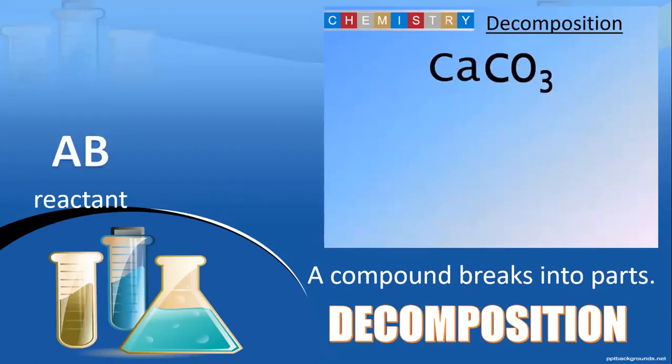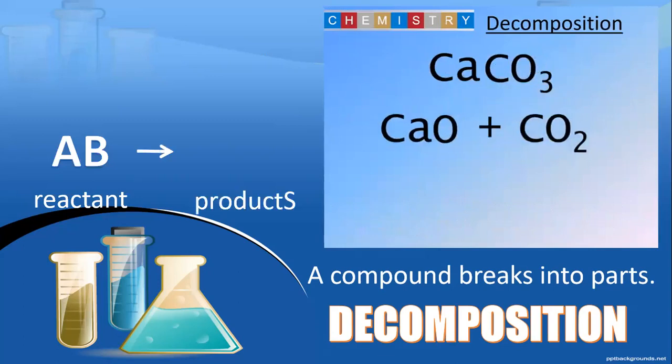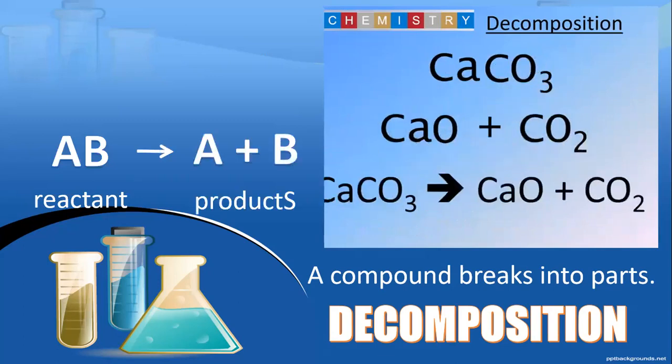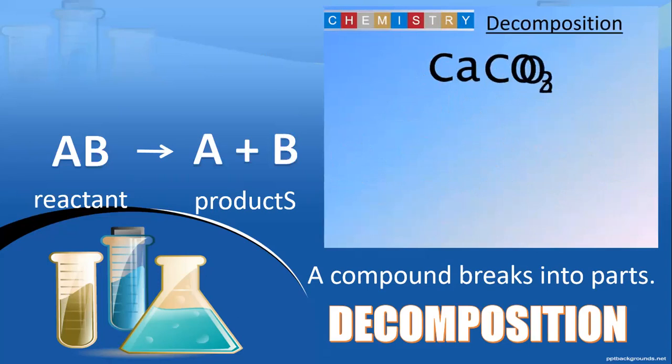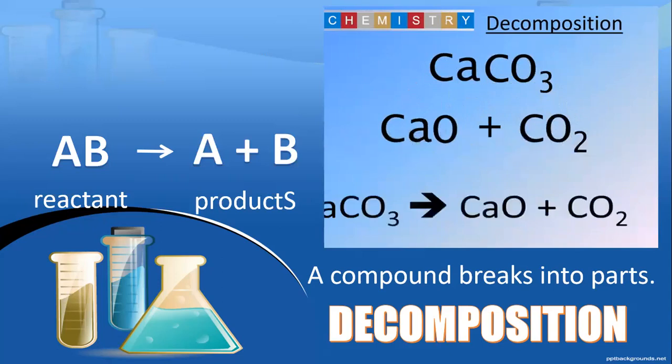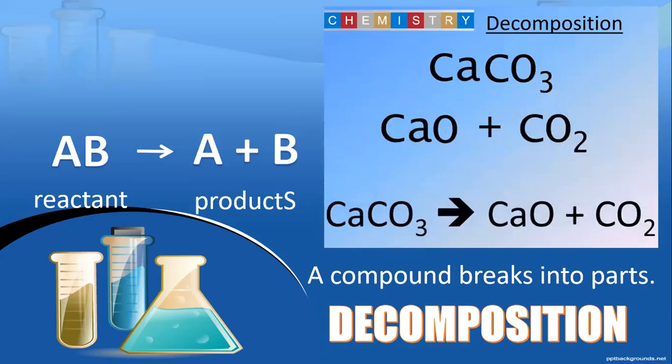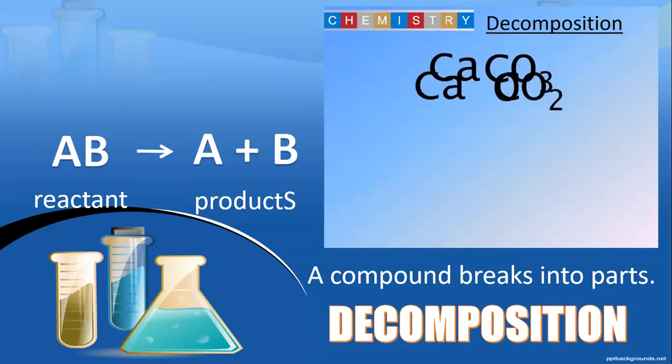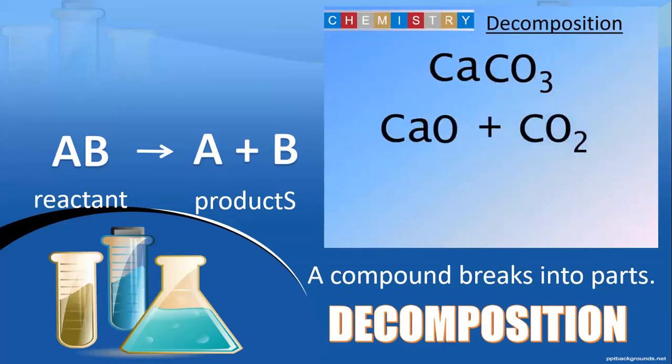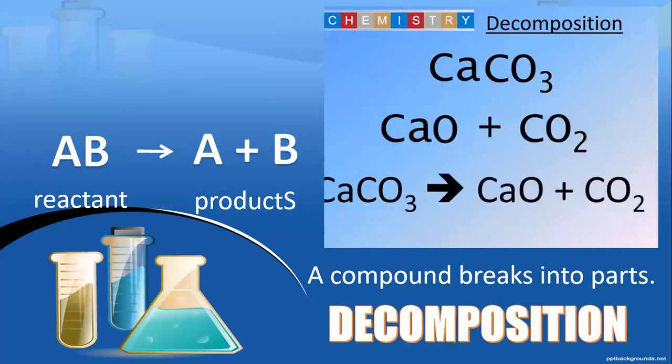Once the reactant AB reacts chemically, it will form two products, A and B. So in decomposition, there is only one reactant and the products are two simple substances. In decomposition, the products are always simpler than the reactant.